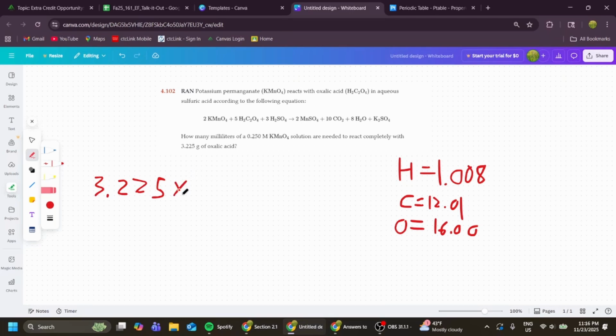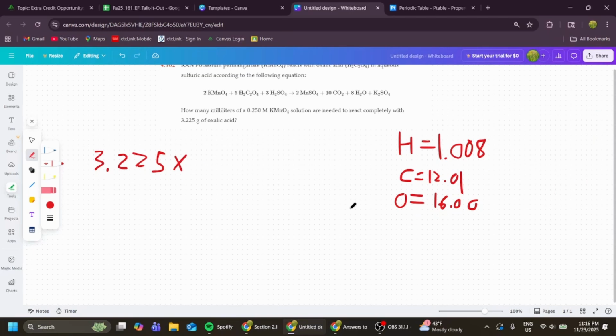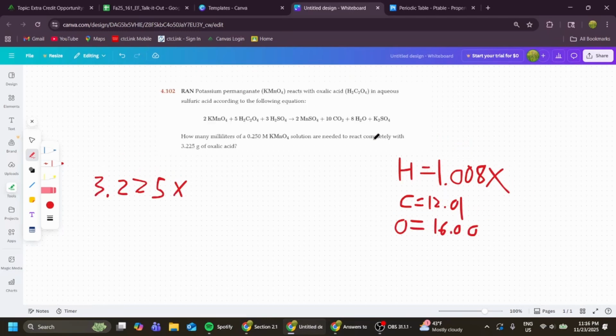So we multiply this by the molar weight, and to get the molar weight, I already have these written down here, but we multiply this by 2, we multiply this by 2 as well, and then we multiply this by 4.